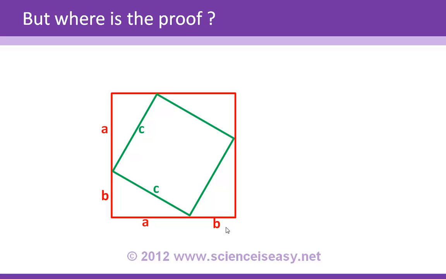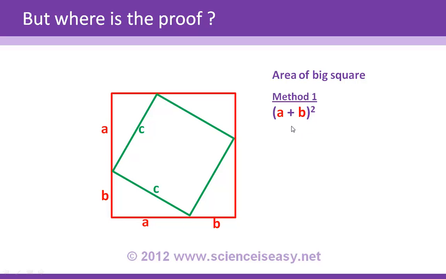Now I am going to calculate the area of the big red square. I can do it two ways. In method 1, you can sum a and b, so you get the length of this side, and the area of the square is (a plus b) whole square.